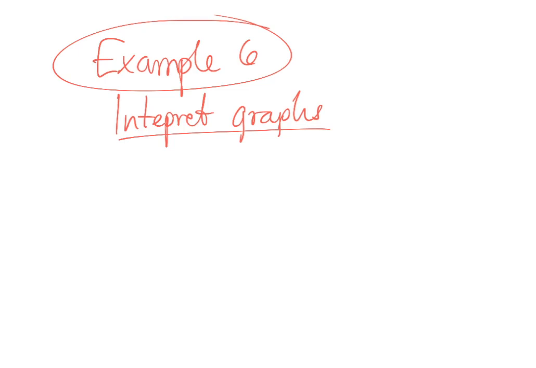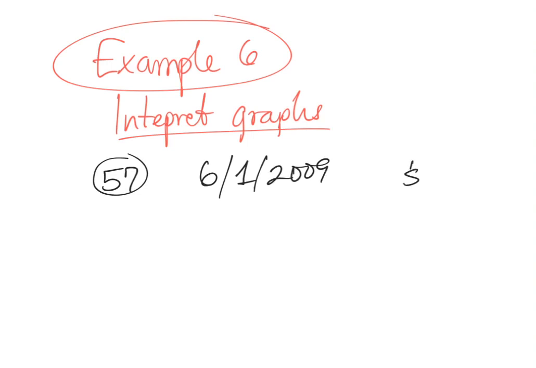They give you this problem in 57 where they ask you, for a question like number 57, we basically look at the graph you've given us, and they ask us what was the price on the date of 6/1/2009. Well, the answer is just $2.52, or 252 cents if you're going to write it in cents.